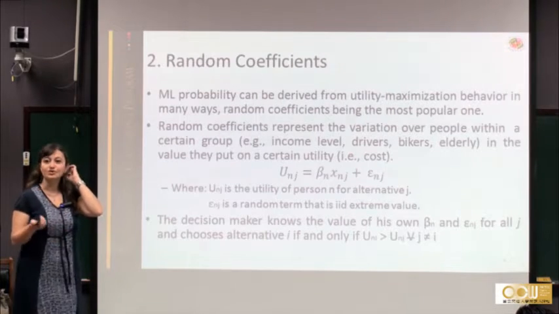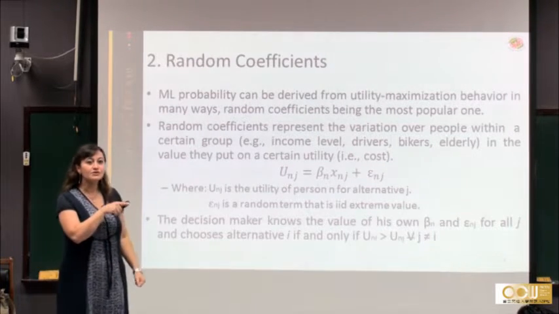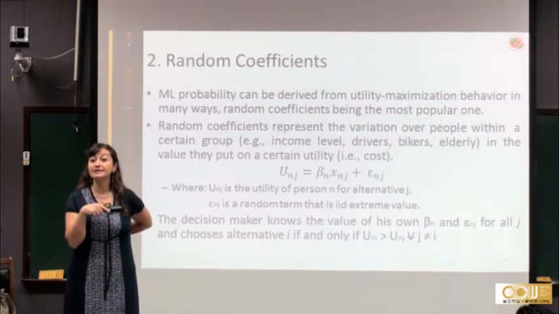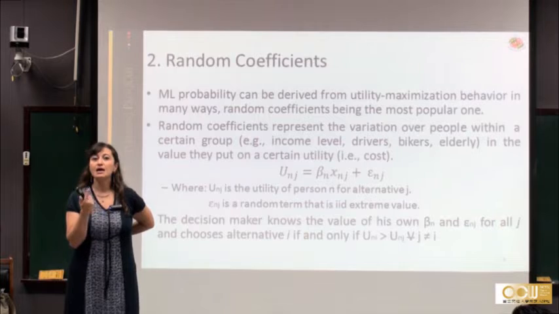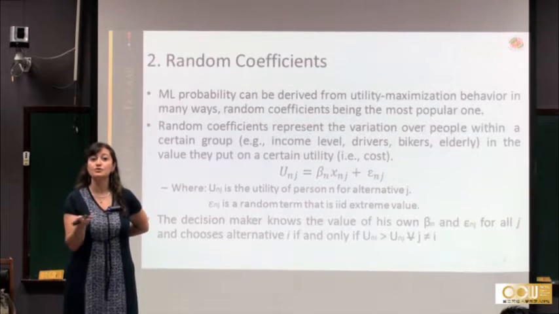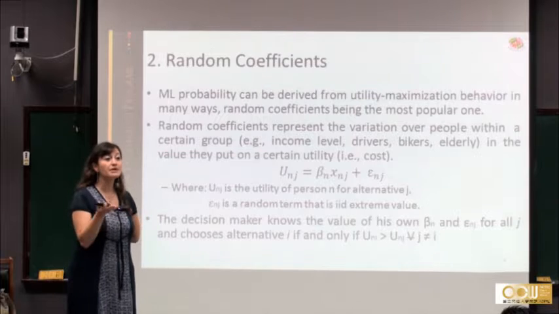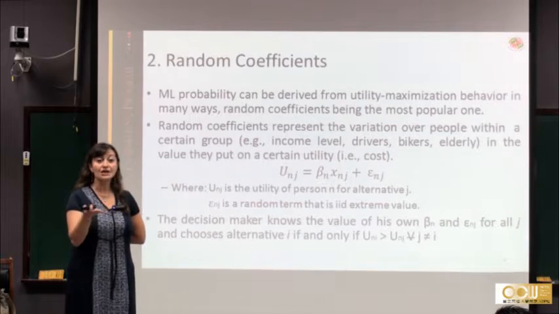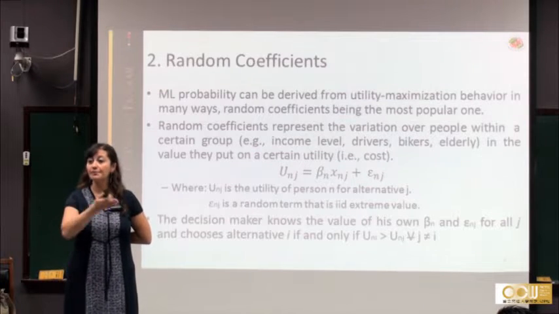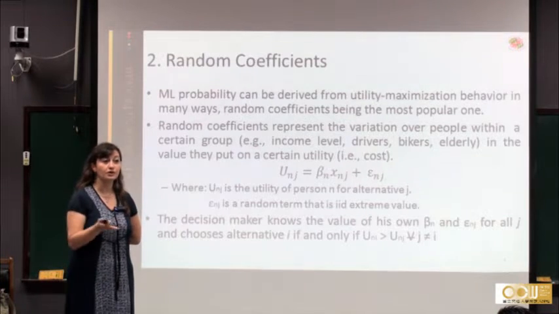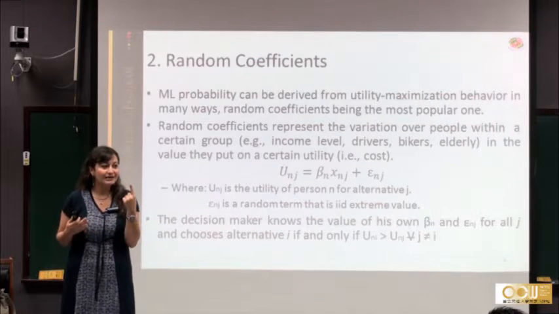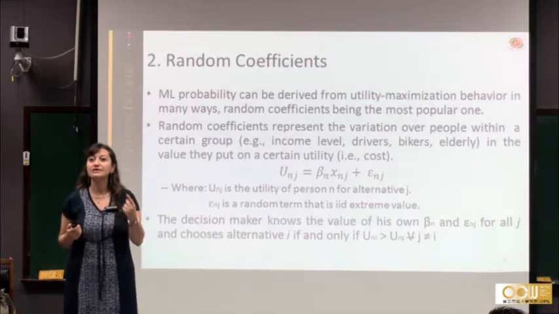For example, Jason is not here, but he was using mixed logit to calculate the distribution of value of time for drivers on a highway in the US. Why this? Because people are talking about dynamic pricing. So you charge toll to people depending on the time of day, for example, depending on the congestion that you have on your highway. So you need not just one value for the value of time, but you need a distribution.